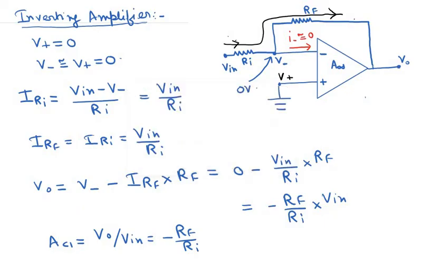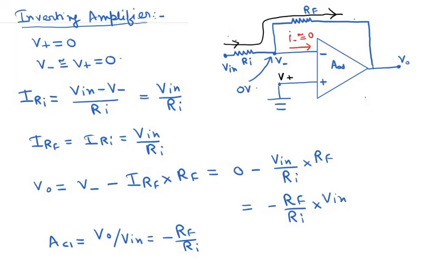Closed loop gain, on the other hand, is not a property of the op-amp, but a property of the external resistors Rf and Ri connected to the op-amp. I again repeat that it is known as closed loop because this feedback resistor Rf forms a closed loop with this output voltage V0 and this input V minus.